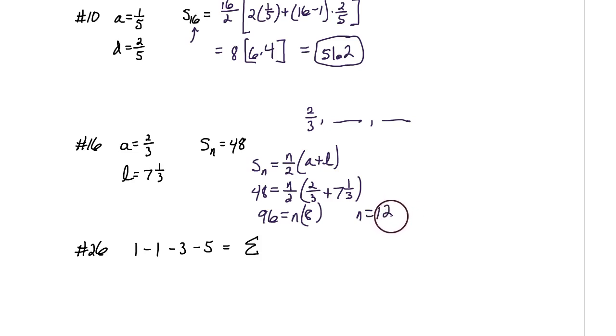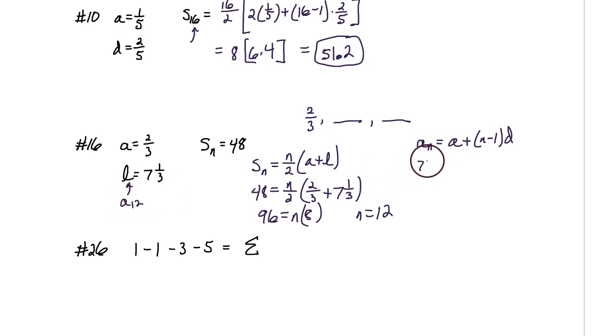Now that we know the answer for n is 12, it will help us to figure out what d is. So let's use the general term formula for an arithmetic sequence. a sub n is equal to a plus n minus 1 times d. Now that we know n is 12, we know that the letter l representing the last term was the 12th term. So l is a sub 12.